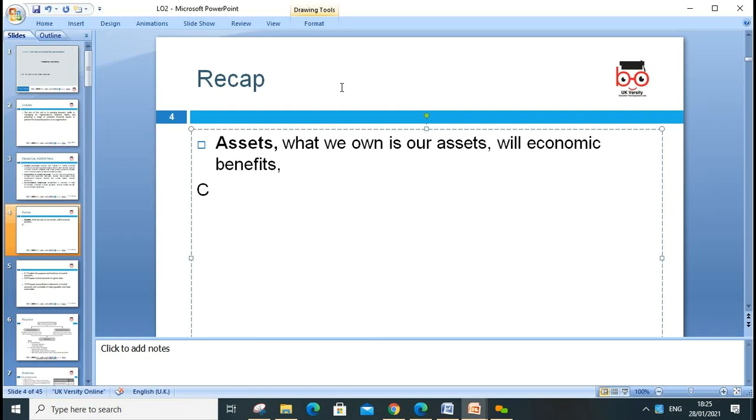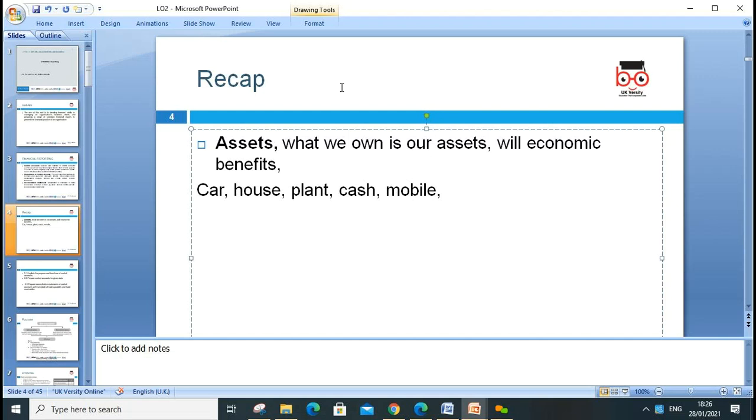What else? House, which we call buildings and plant. Cash. Your mobile phone. Yes, your asset. These are all our assets.